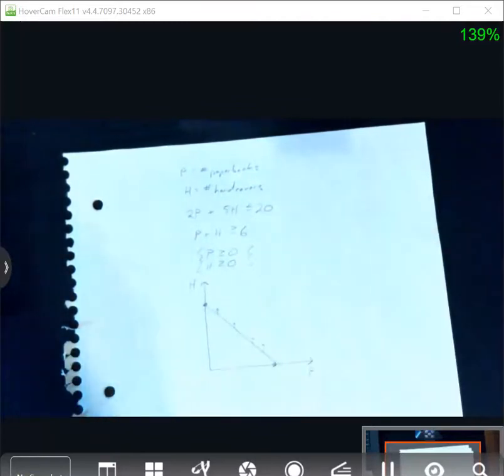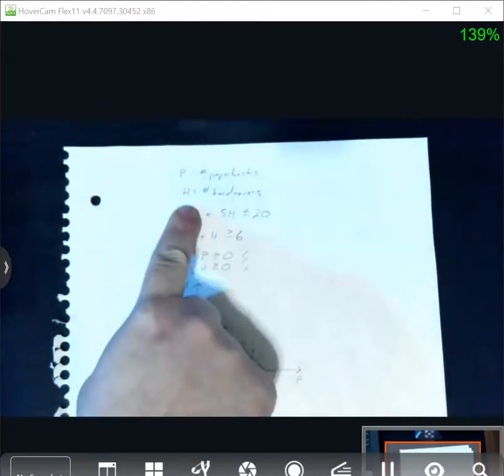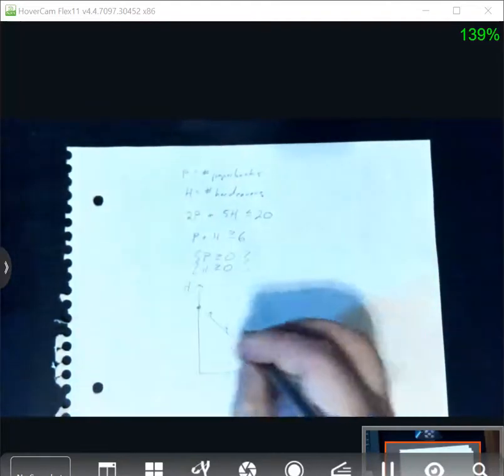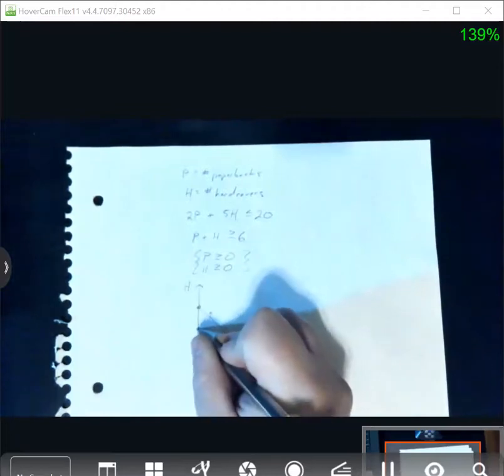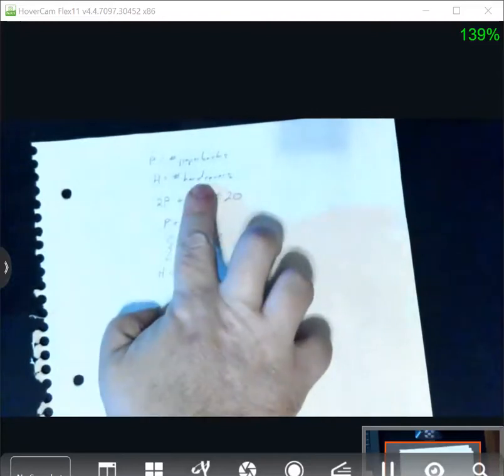Now we can go ahead and graph 2P plus 5H is less than or equal to 20. I might have made my axes a little bit too small, but we'll see. Again, if I do the intercept method, I can say, okay, if P is 0, then H would have to be 4. If H is 0, then P could be 10.